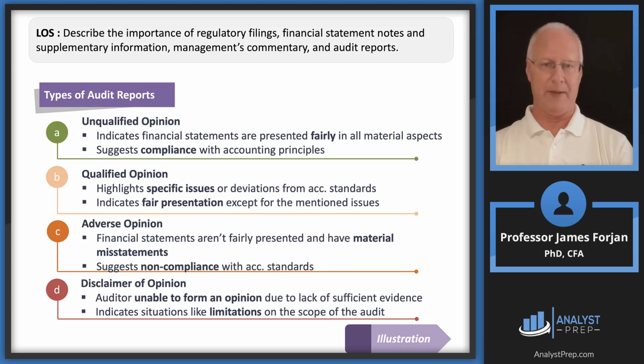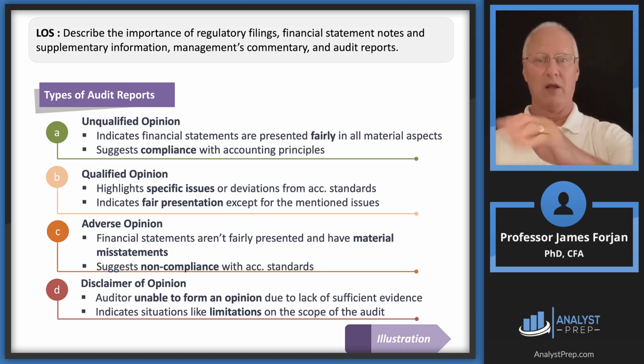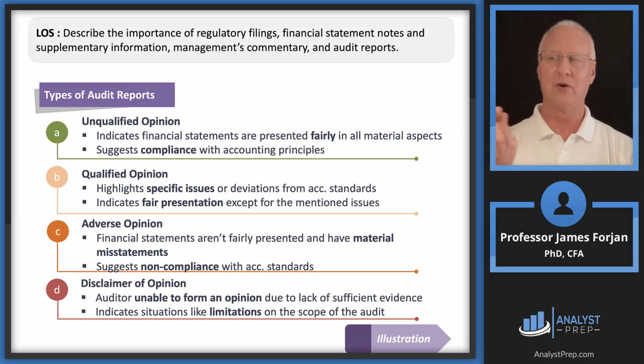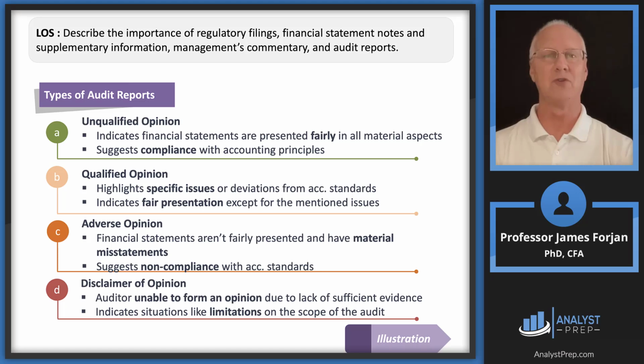A qualified opinion is one in which most things on the financial statements are fair and in compliance, but there might be one or two deviations. In fact, there's one question at the end of the learning module, I think it has to do with inventory, if I remember correctly. The accountants say everything looks good, except we're not quite sure.